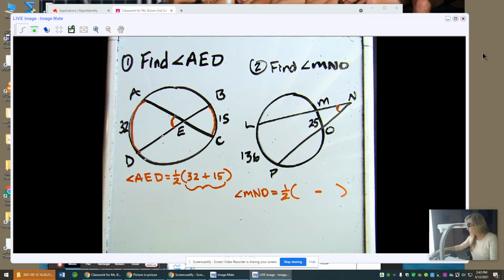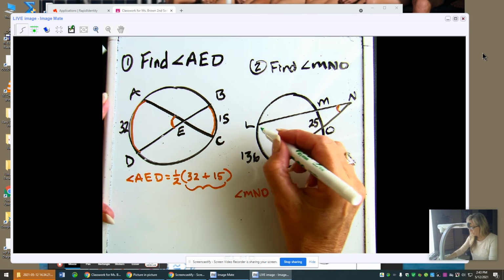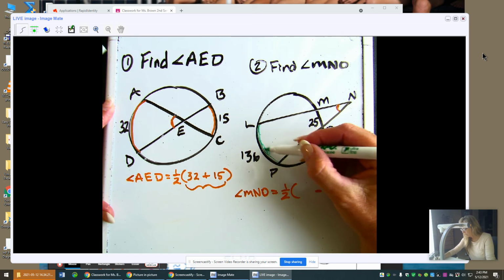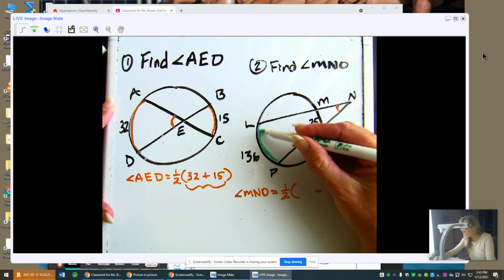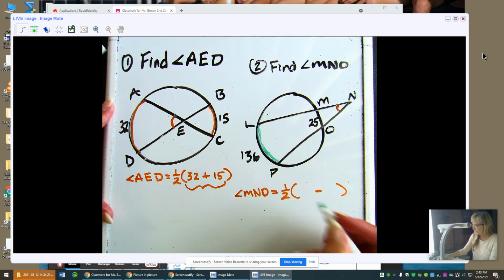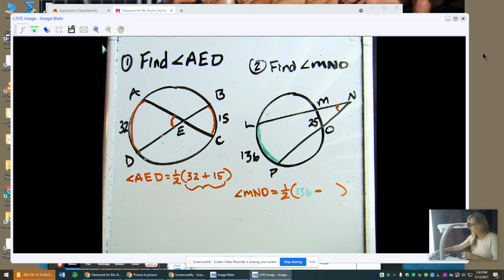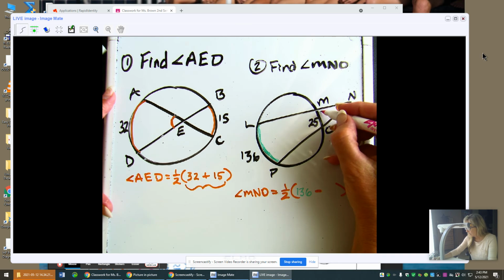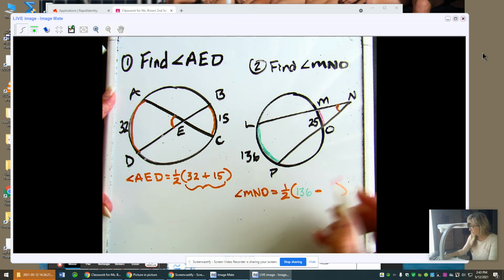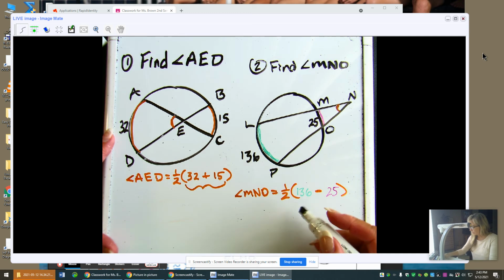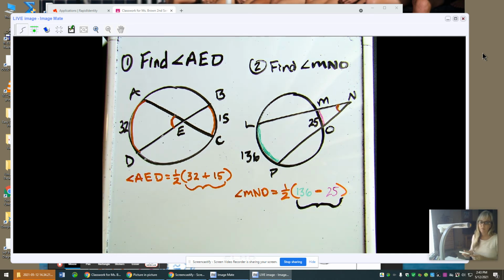And we start with the larger arc, and that is 136. Subtract the smaller arc, this guy right here is 25. And again, I'm going to let you do the math. You do this subtraction in parentheses first, and then divide by 2.